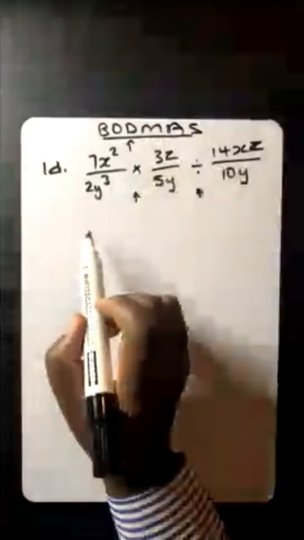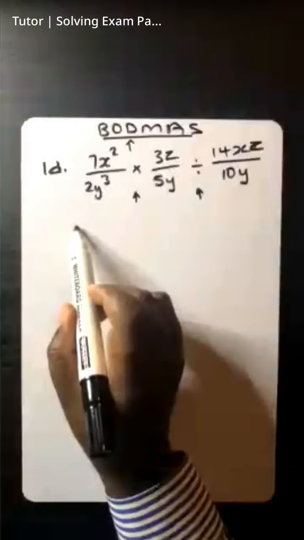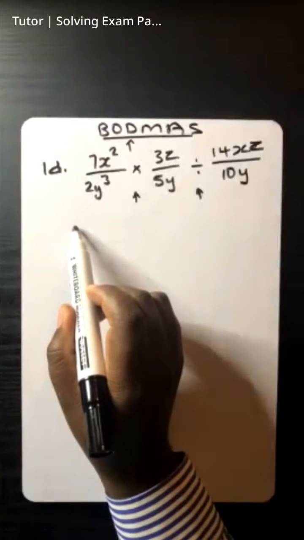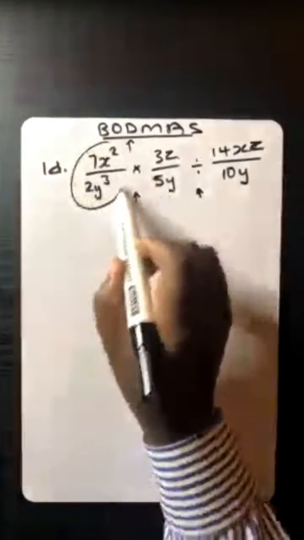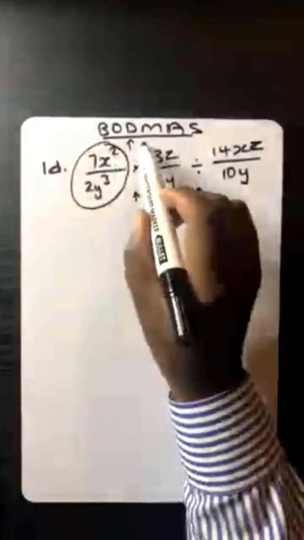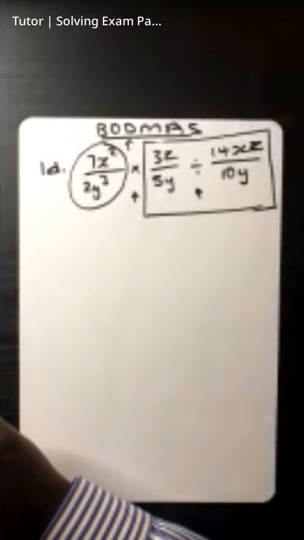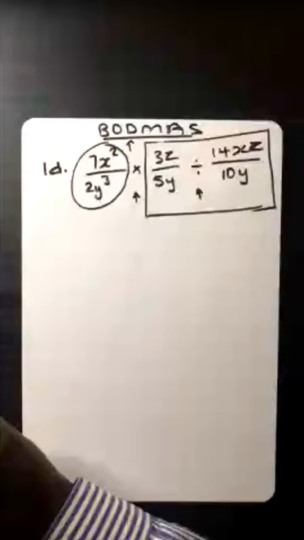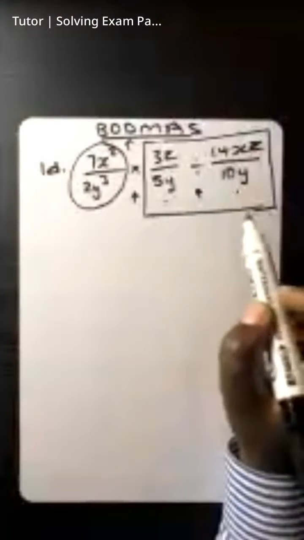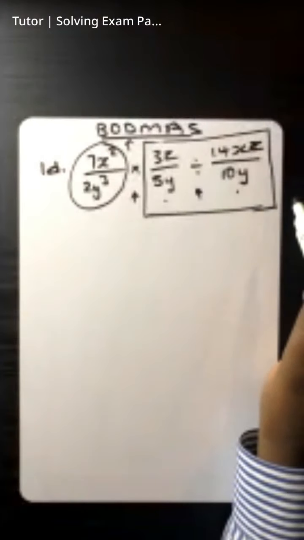So you might have that as it is, and then you work out that part first, where you say that divided by that. Once you are done with that part, then you can multiply it with this part.